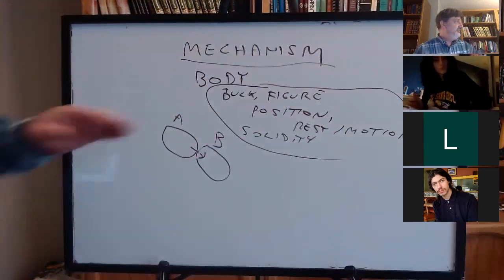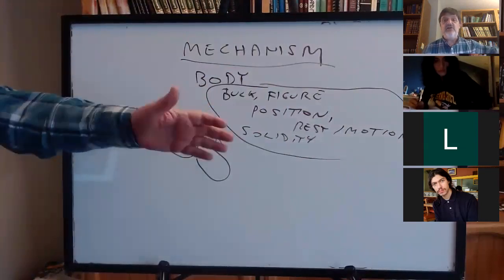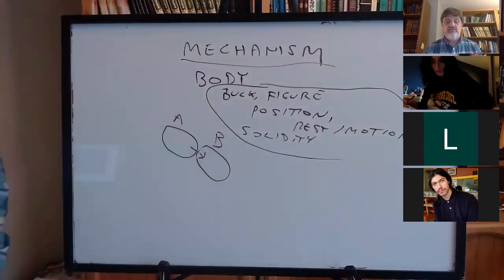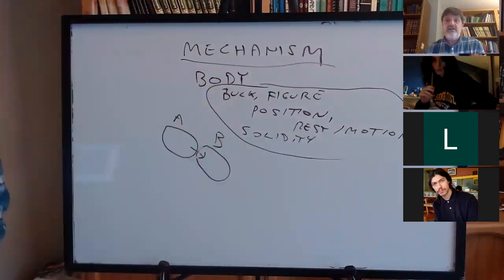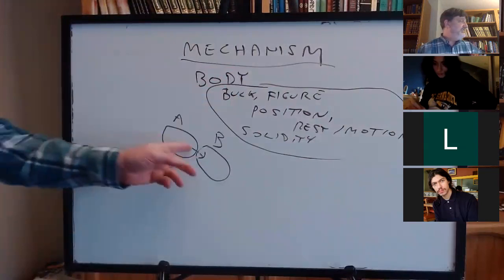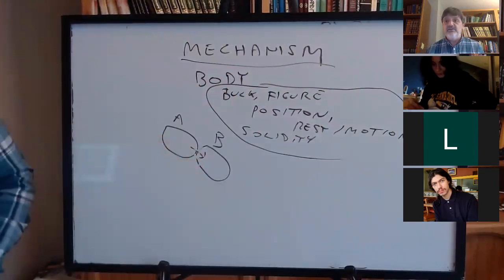And these are the properties that Locke is going to call primary qualities. So mechanism is the philosophical view that the properties that bodies actually have are only the minimum properties that you must have to be a body. And therefore, the ways bodies can act on each other is only by impulse.